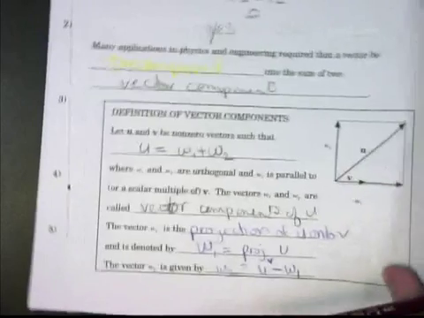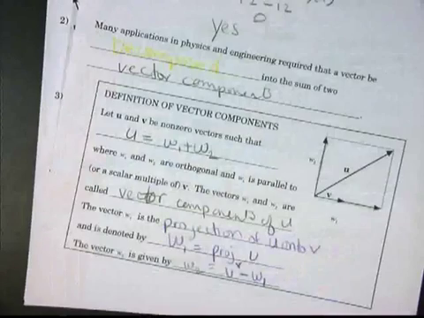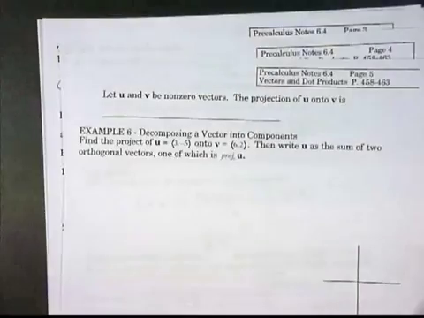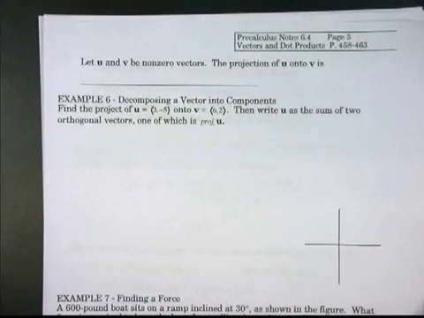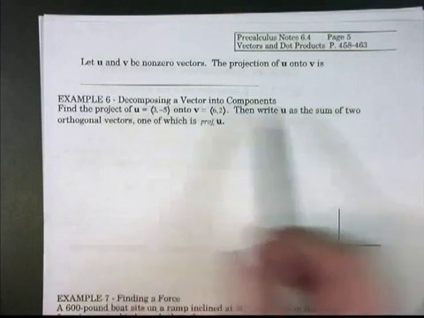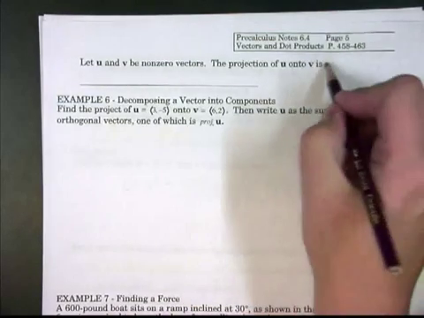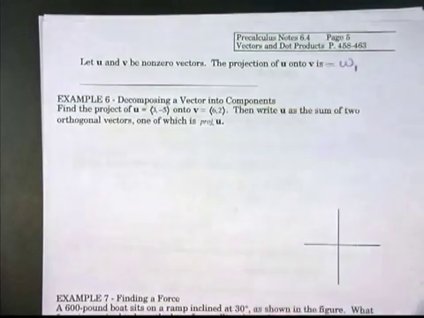So once you know the projection of u onto v, then it's fairly simple to find w2. Okay, let's go on to page 5. Let u and v be non-zero vectors. The projection of u onto v is w1.